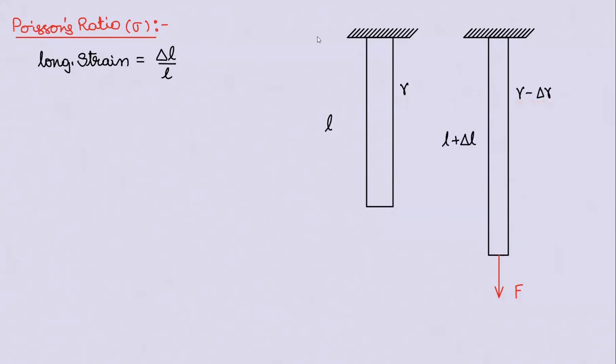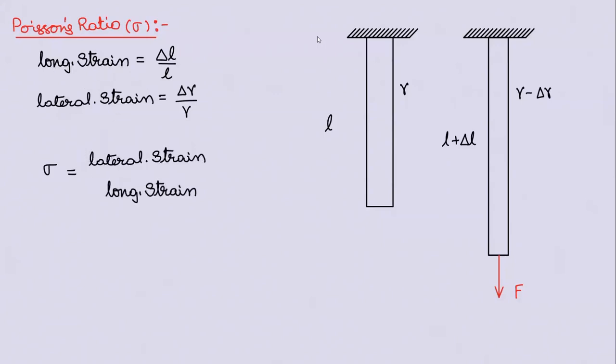We call it lateral strain. Lateral strain is delta R by R. Now the definition of Poisson's ratio, sigma, is equal to lateral strain by longitudinal strain.